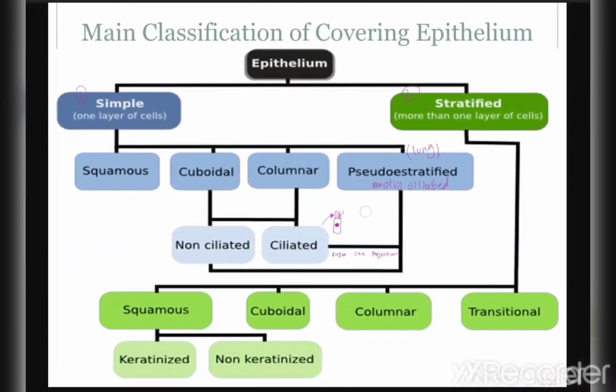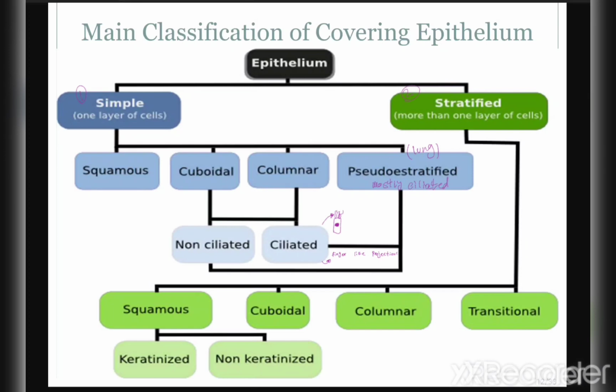Regarding the stratified, it again has the same morphological classification. Here in the stratified, for example, the squamous has two types, non-keratinized and keratinized.